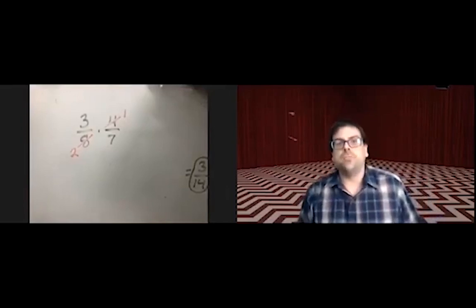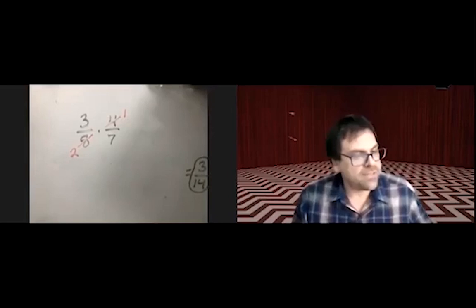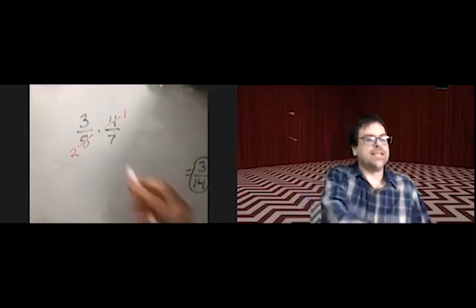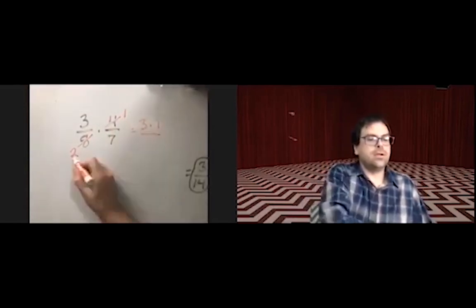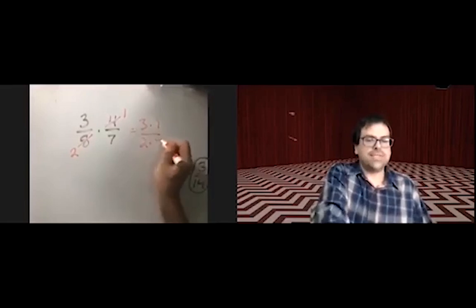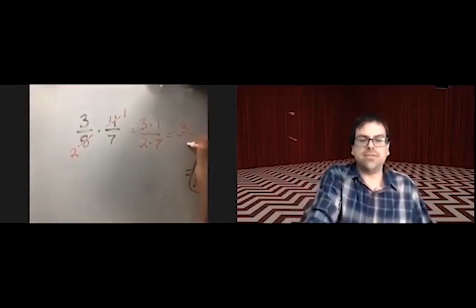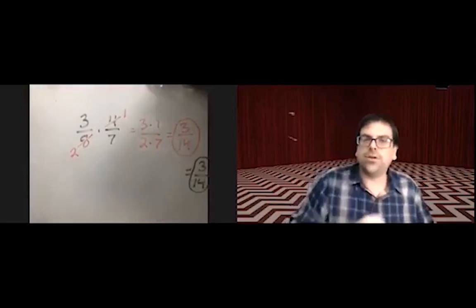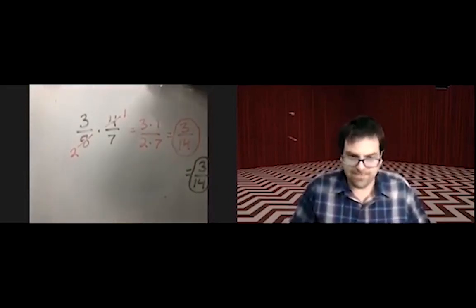And then those new numbers become what we have in those parts of the fraction. So really, this would be 3 times 1 over 2 times 7. 3 times 1 is 3. 2 times 7 is 14. When we cancel completely, we're not going to need to reduce. We got rid of all the common factors up front.